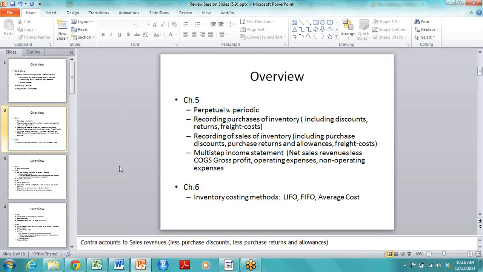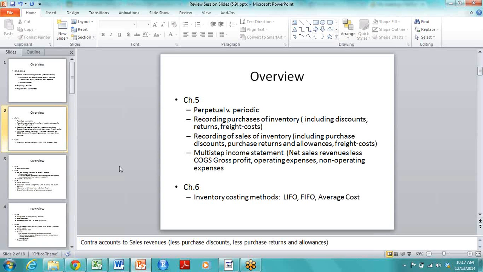In the chapter 5 slides as well as in the book, there's a good table that goes through a summary of the journal entries for perpetual and the journal entries for periodic. So I would definitely look at that summary. It's a really good summary, and it'll help you understand what those journal entries may be.